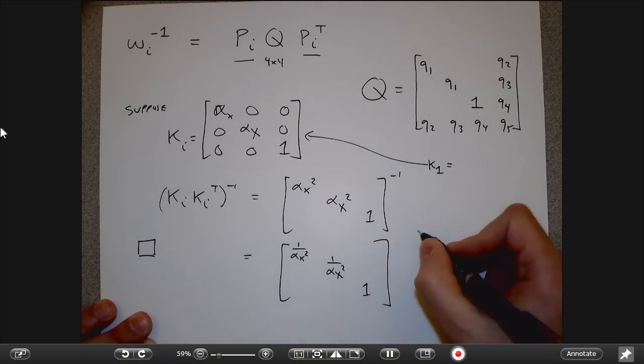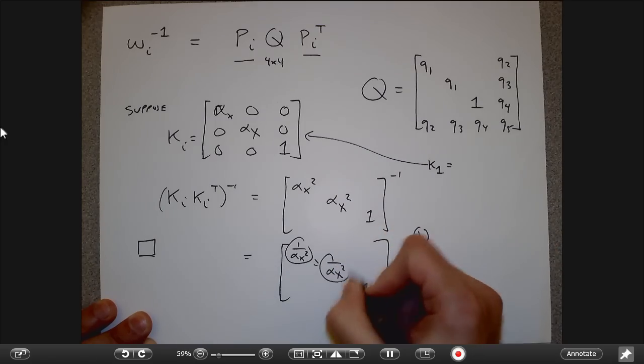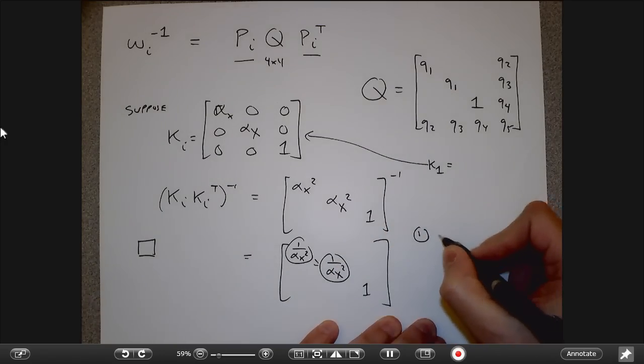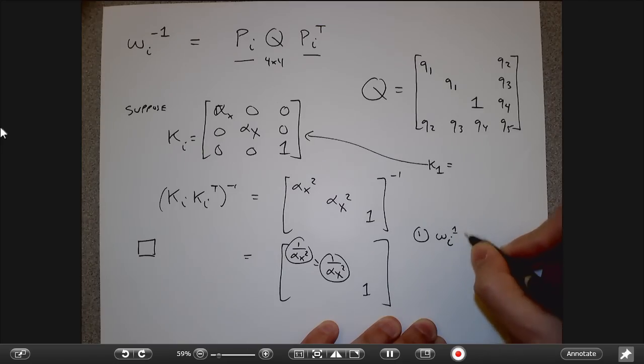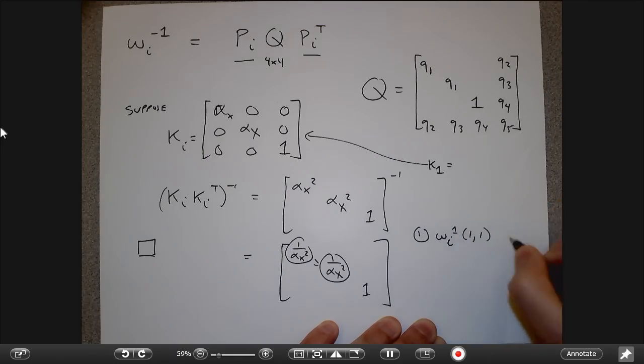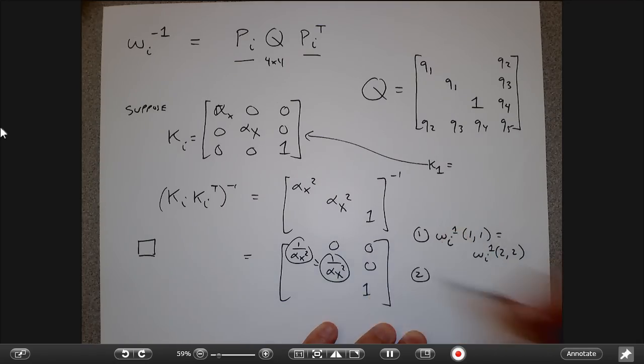I can say that number 1 constraint is that this thing equals this thing. So I could say that on the left-hand side, the 1-1 entry has to equal the 2-2 entry, right? That's one constraint. Another constraint is that I have to have zeros in these 3 places, right?